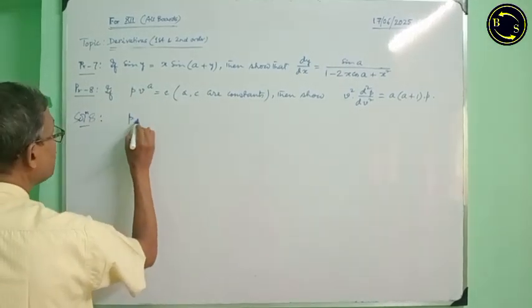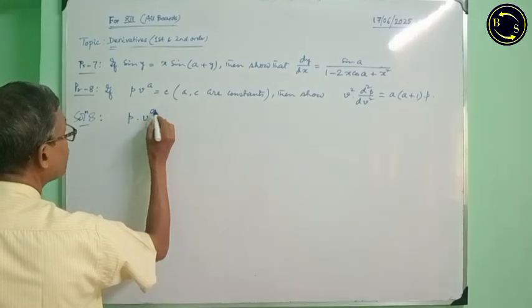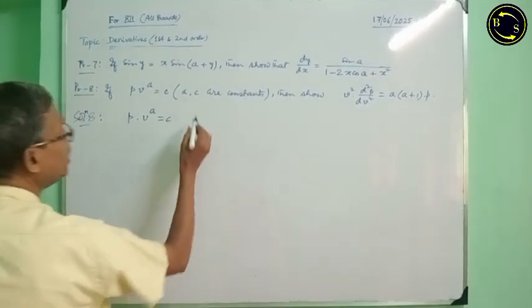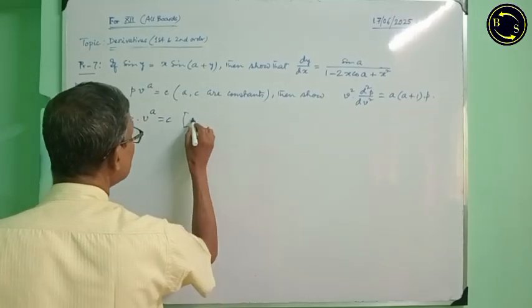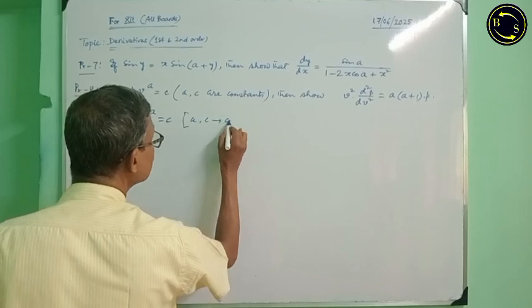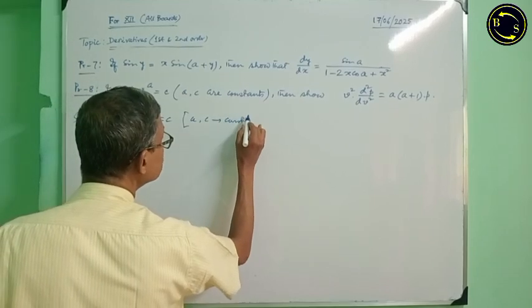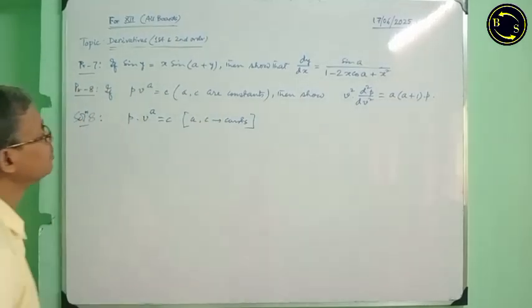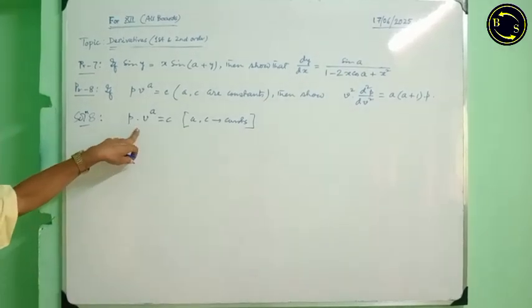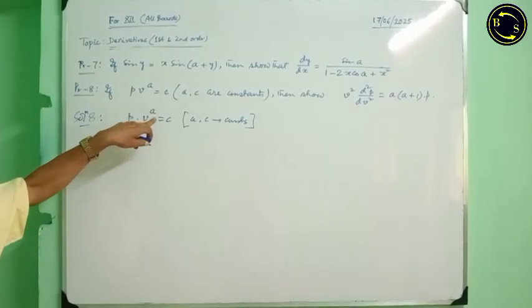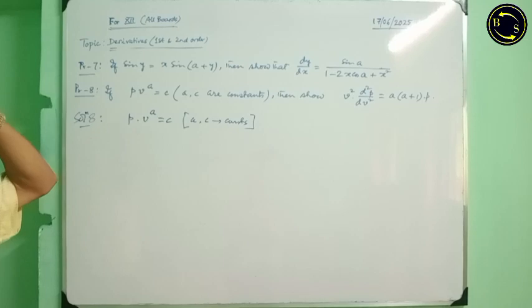p into v to the power a equal to c, a and c are constants. Since product as well as power form is there, we have to apply logarithmic differentiation.